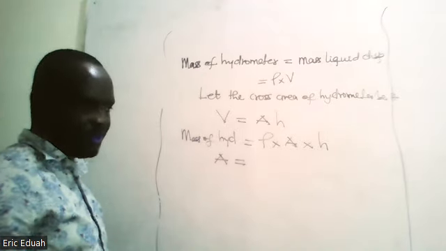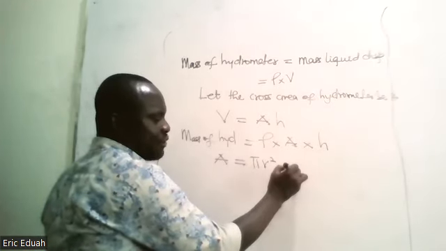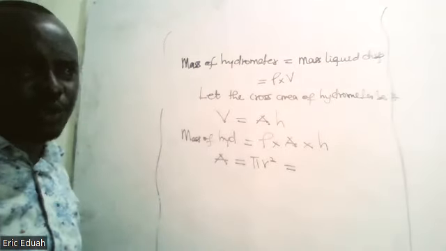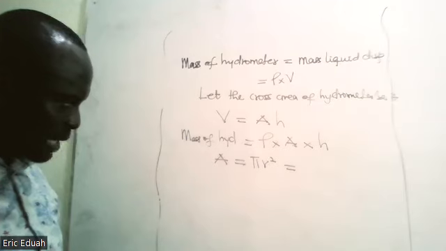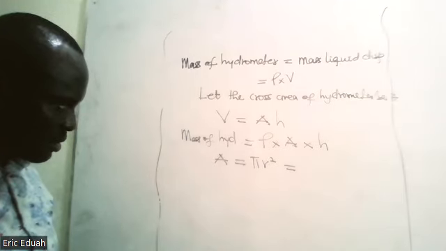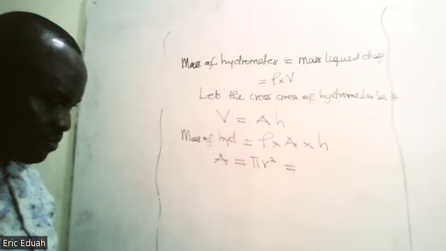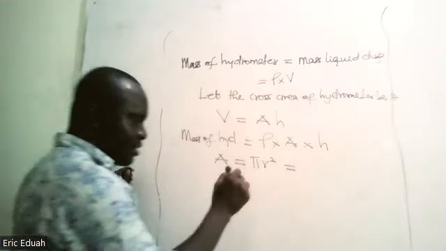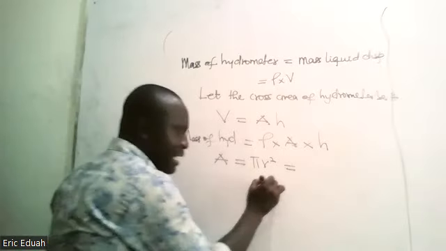Pi r squared. Okay. So pi r squared in terms of diameter, what will it be? In terms of diameter, what will it be? Let's look at the relationship between radius and diameter.